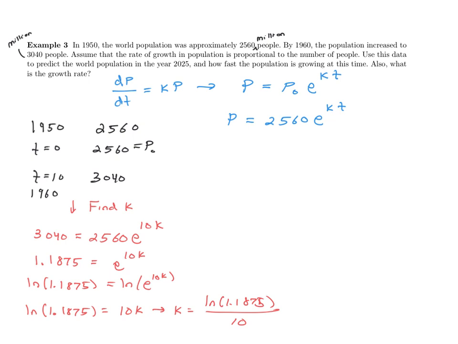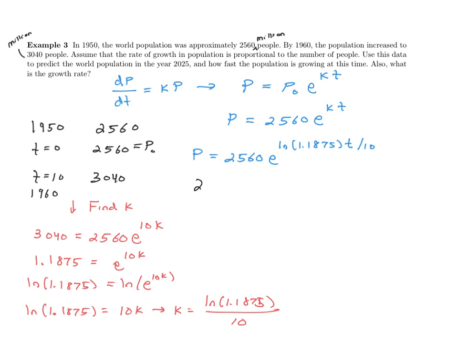It's this value that I'll put right here, and I have my function. P is equal to 2,560 times e to the, I'll write this as the natural log of 1.1875 times t divided by 10. Let's use this equation to predict the population in the year 2025.